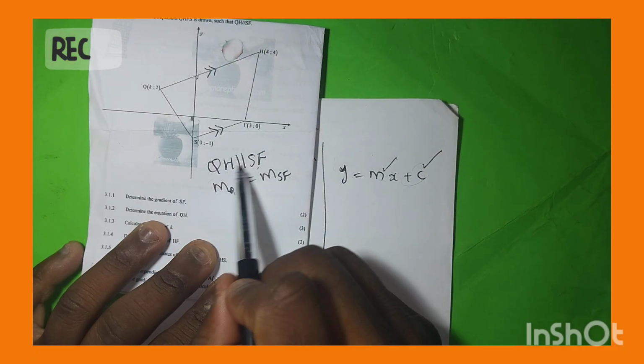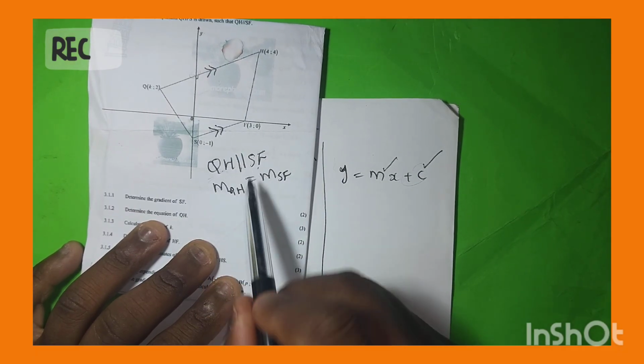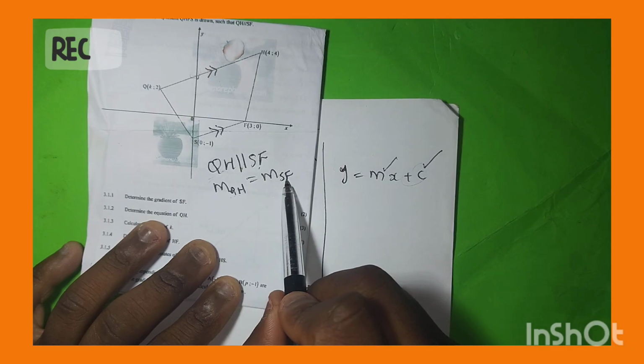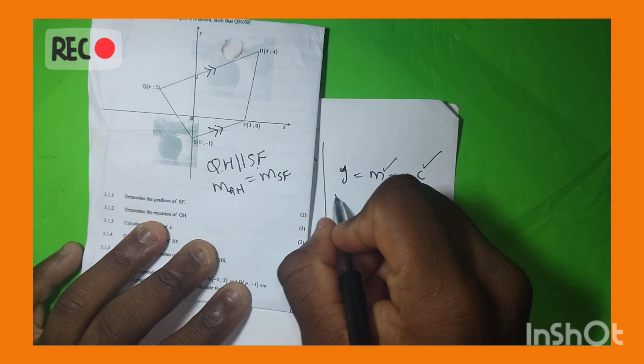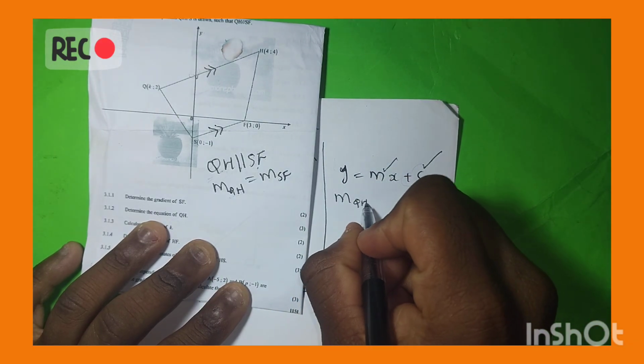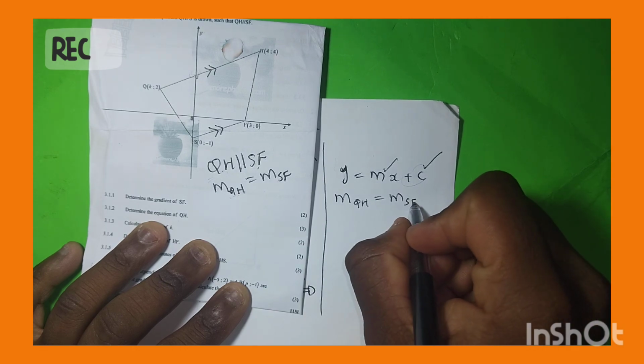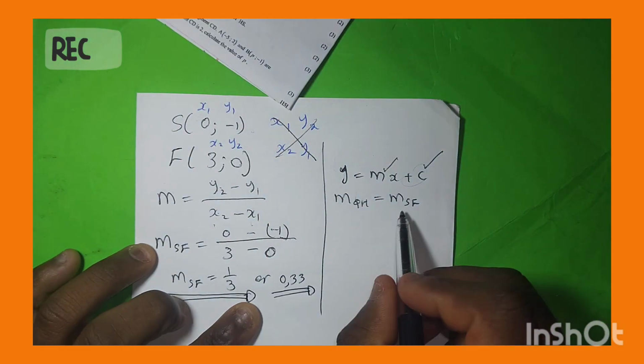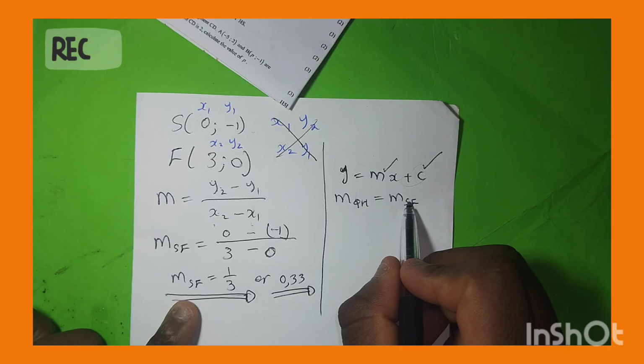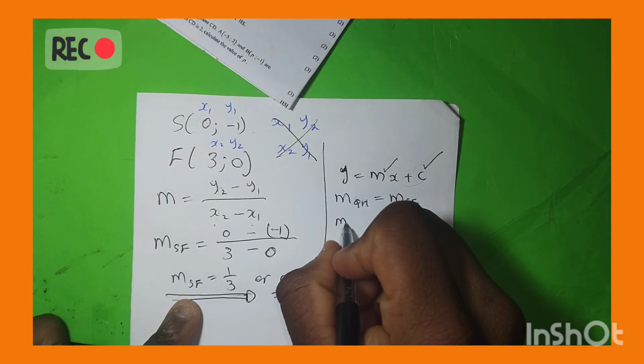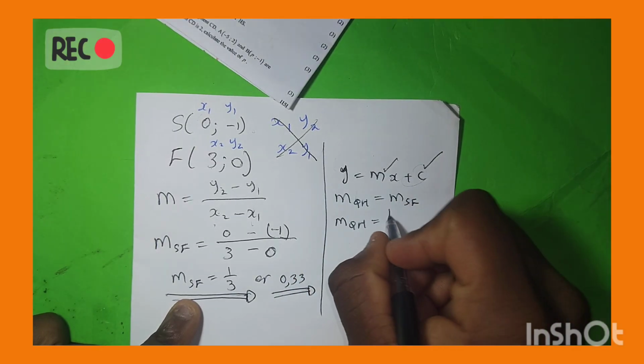So these two lines, guys, are parallel to each other, meaning that their gradients are equal. So the gradient of QH is equal to the gradient of SF. And the gradient of SF is the one that I just got here, meaning that the gradient of QH will be 1 over 3.